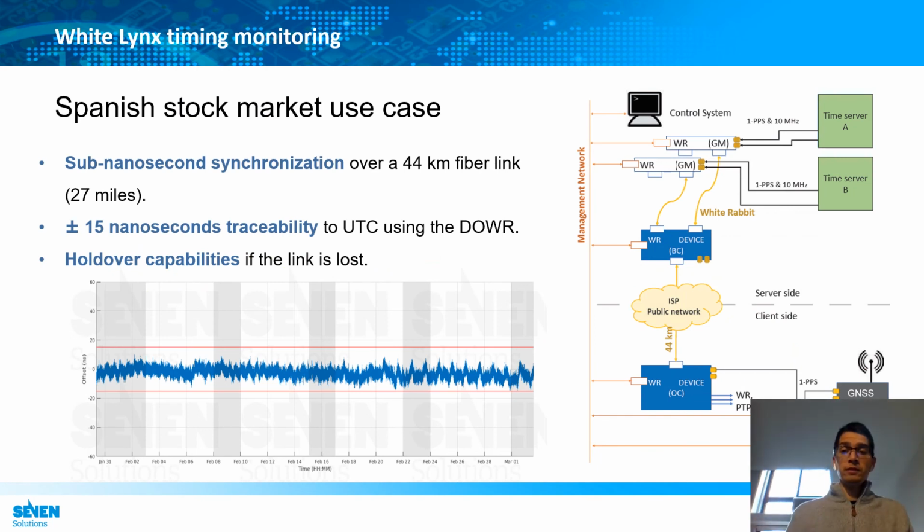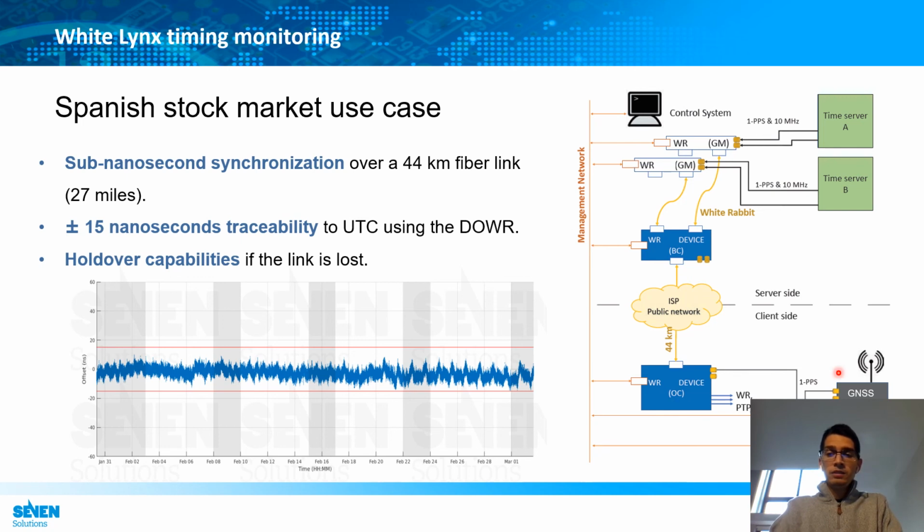Finally, we have this use case that I wanted to present, which is in the Spanish Stock Exchange. In that case, we were synchronizing two data centers which were 27 miles apart. We had redundant time references feeding the White Rabbit network, and that White Rabbit network was distributing time through a 27 miles link to a different data center.